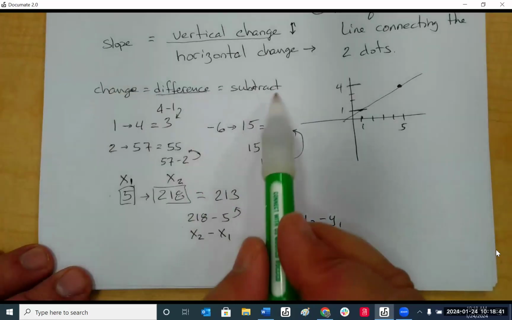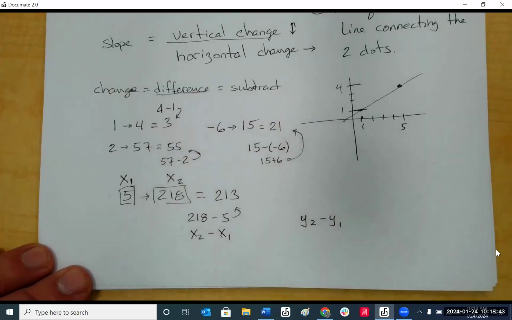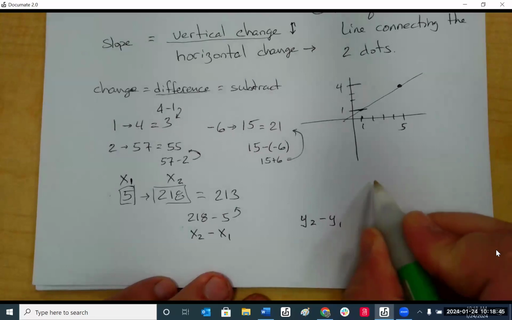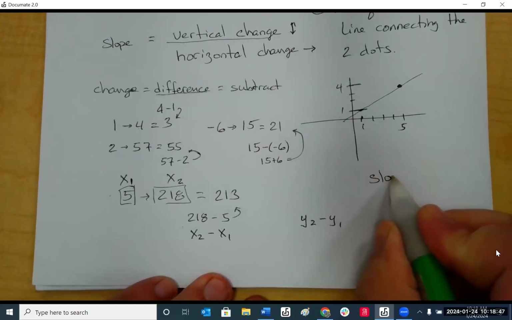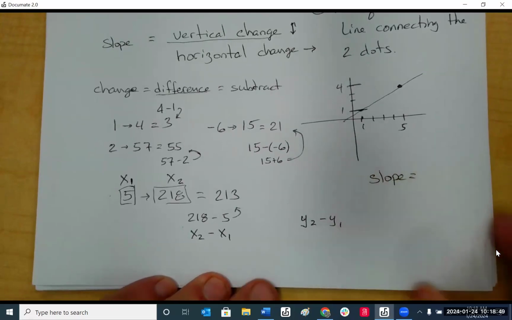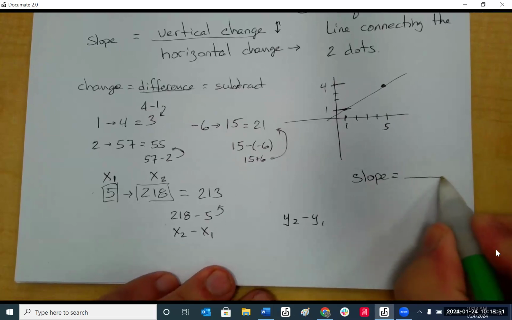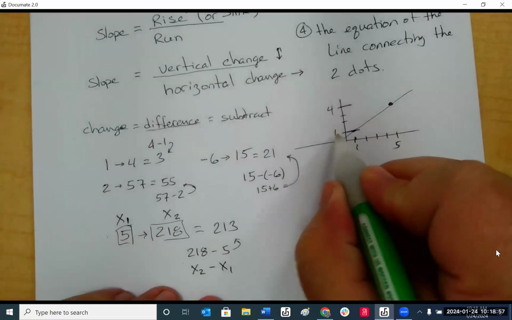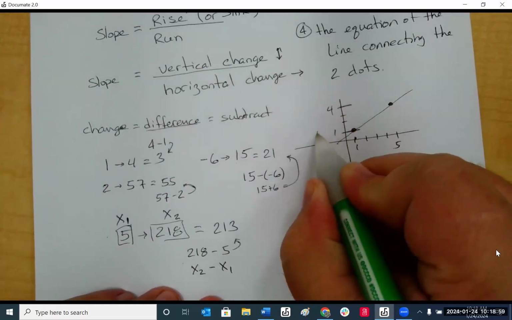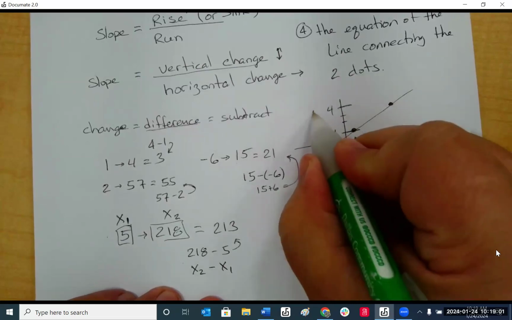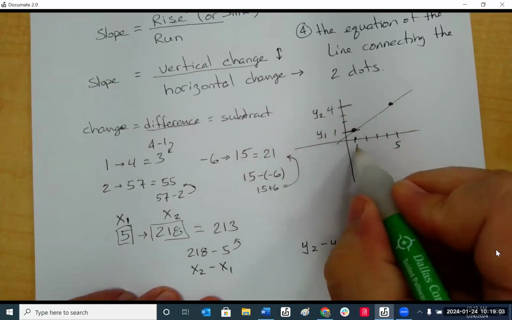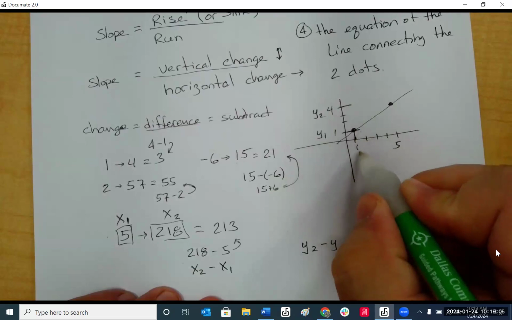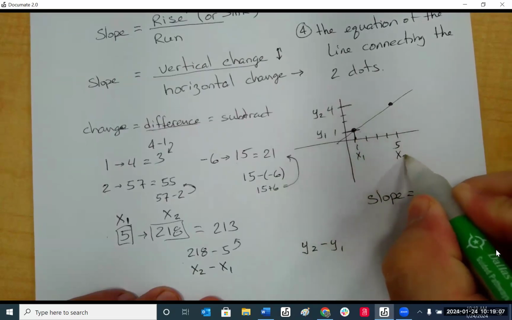So when we say rate of change, we're actually talking about the difference of them. So the slope is equal to, what's the vertical change? In the vertical change, we start off with this one. So this is y1, this is y2, this is x1, this is x2.